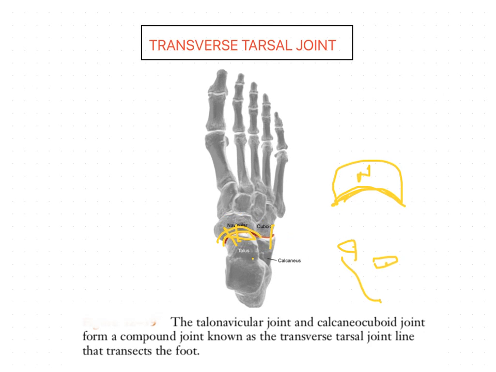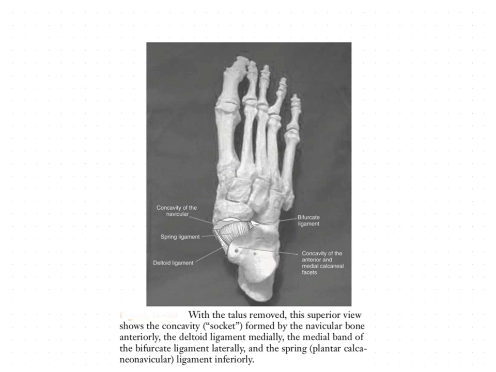Now what are the structures which reinforce this joint capsule? The inferior aspect of the joint capsule is formed by the plantar calcaneonavicular ligament. If the talus is removed, here you can find the concavity of the navicular bone, and also the calcaneum.